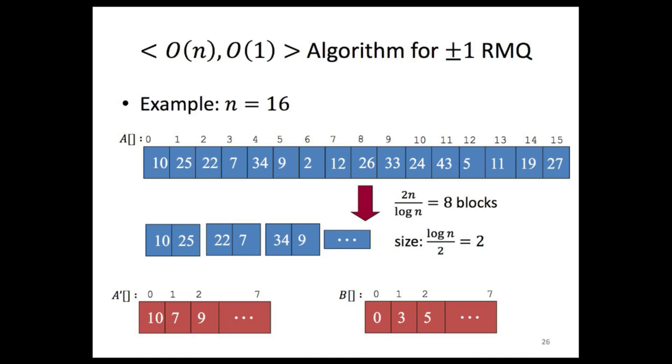And then I can go to B of 1 and find out where that answer lies in the original array. So 7 is actually in the third position, so I can reply with the answer: the minimum of A of 0 to A of 3 is at position 3 at the query time.